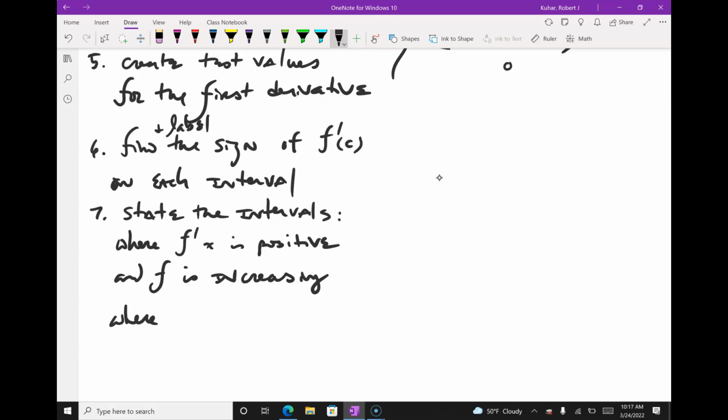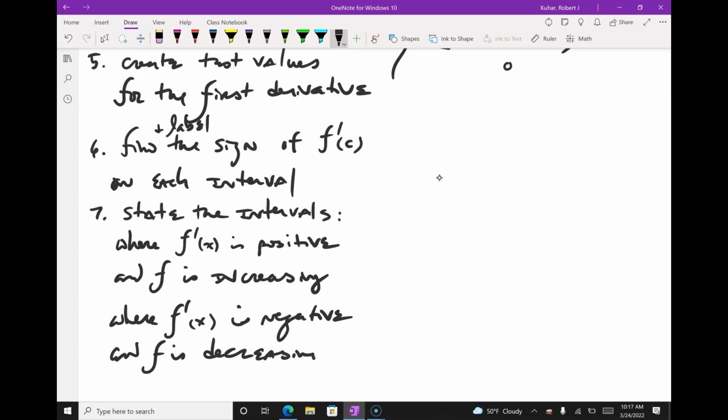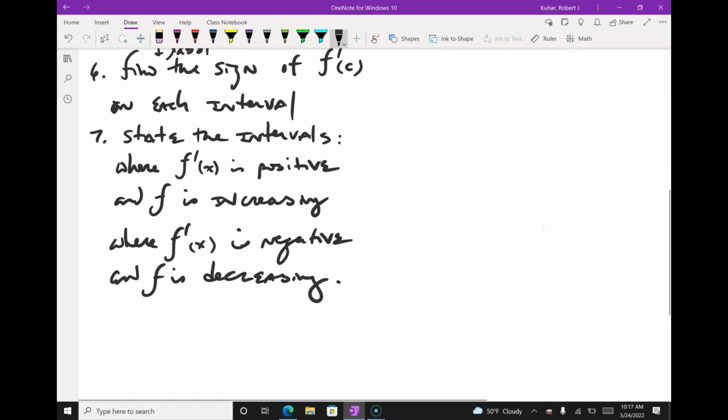Where f prime of x is negative and f is decreasing. So when our derivative is positive, we want to state that interval and say that f is increasing on that interval. Same thing when f prime is negative, state that interval, and where the function is decreasing.